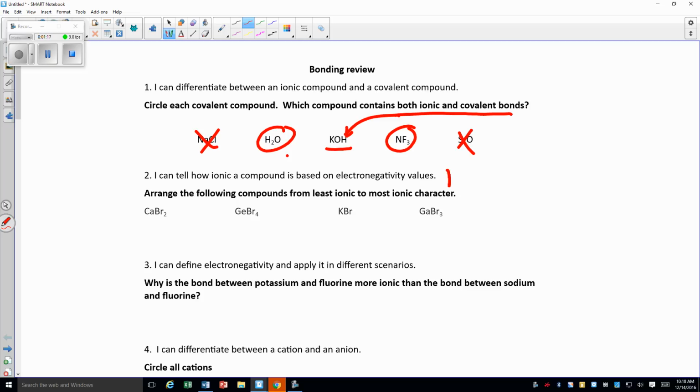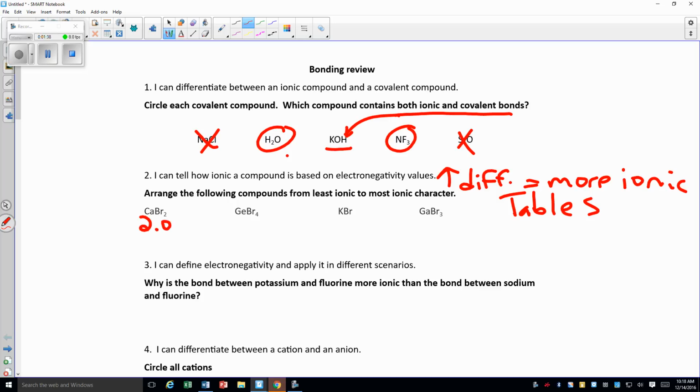Number two, electronegativity. The higher the difference between the two atoms, the more ionic. So if you look at Table S, this is a question that basically tests your ability to use a reference table. Table S, you look at each atom and the difference in electronegativity between them both. This one would be 2.0.